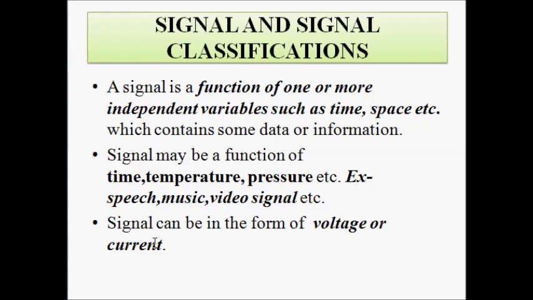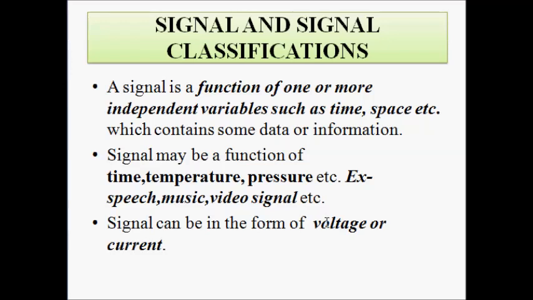If any physical signal is involved, such as pressure, temperature, or flow, we have to convert it into electric form with the help of a transducer, and then give the electric signal to other circuitry for analysis and processing.